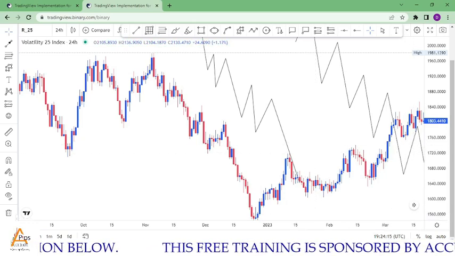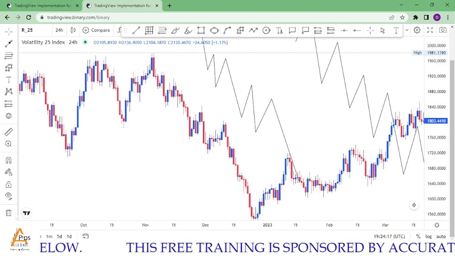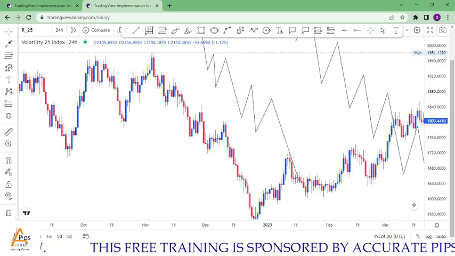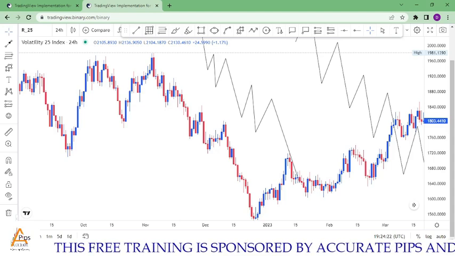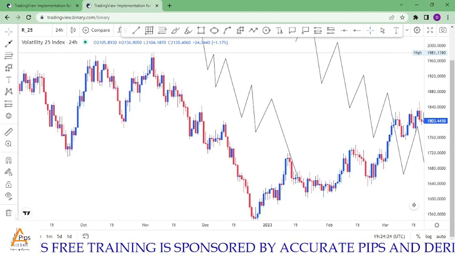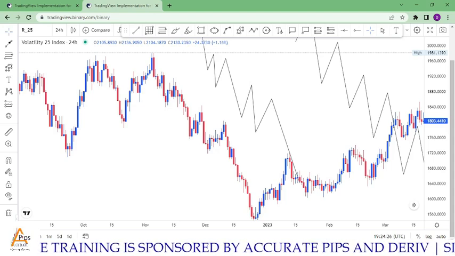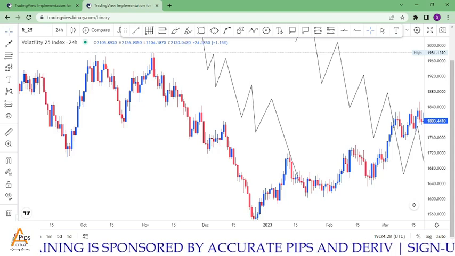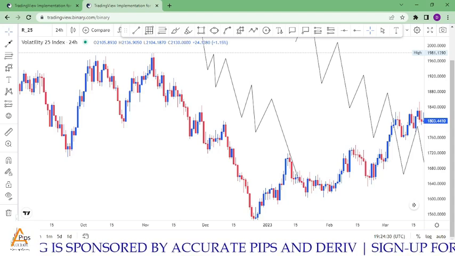All right. So now let's look at the next terminology, that is longing the market, or to long in the market and to short in the market.